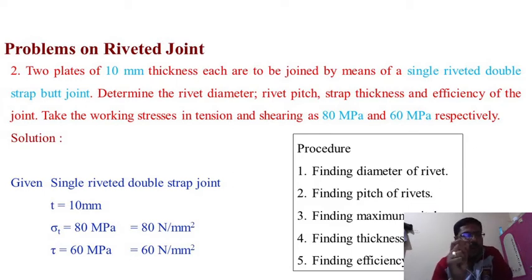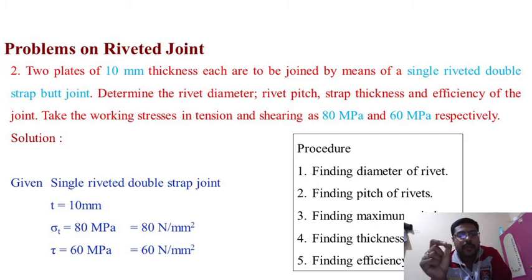Problem number 2, write down: two plates of 10 mm thickness each are to be joined by means of a single riveted double strap butt joint. Underline this point.